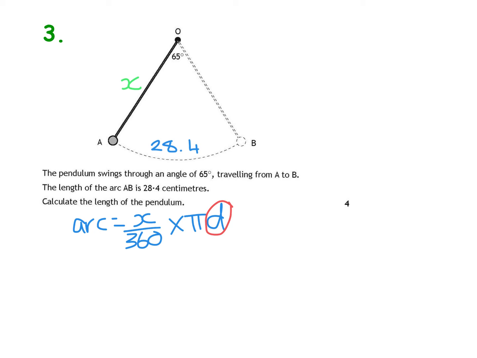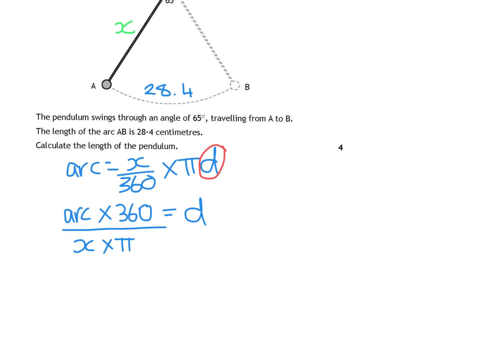Now, to change the subject on this one, I will do arc. Opposite of divide by 360 is times 360. And that will leave me with an x times a pi times the d. So I need to divide by x times pi. So I'm taking that over to that side, and that will leave me with my diameter.